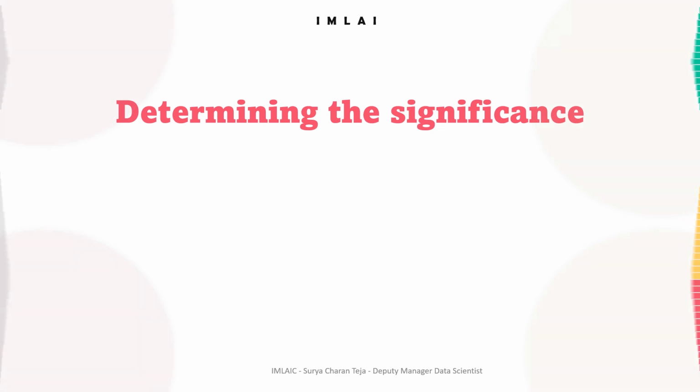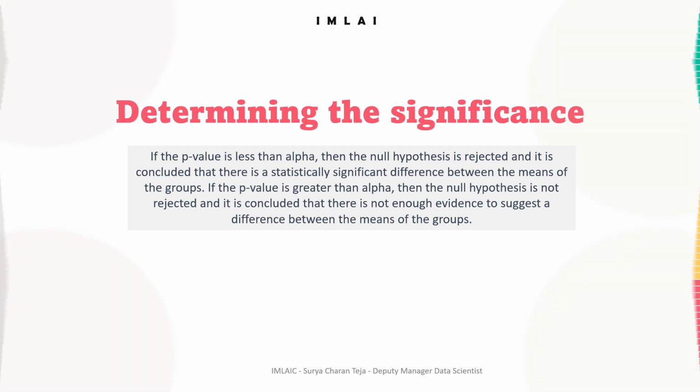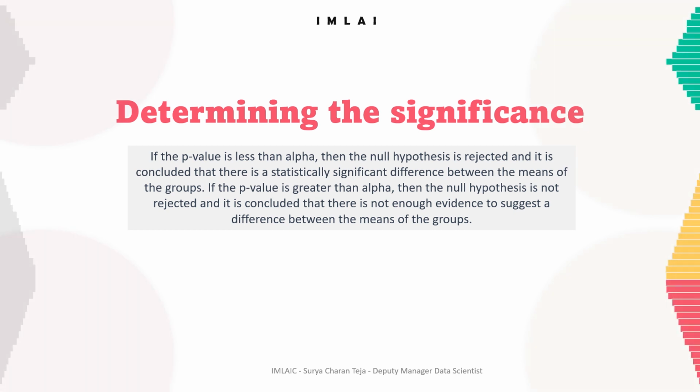If the p-value is less than alpha, that's 0.05, the agreed upon significance level, then the null hypothesis is rejected, and it is concluded that there is a statistically significant difference between the means of the groups. If the p-value is greater than alpha, then the null hypothesis is not rejected, and it is concluded that there is not enough evidence to suggest a difference between the means of the groups.